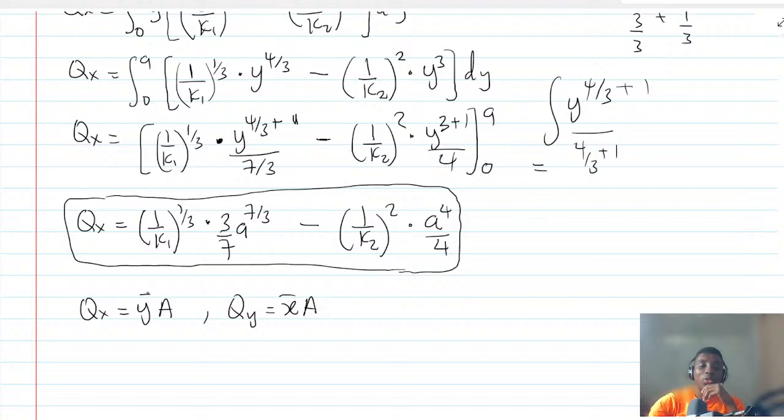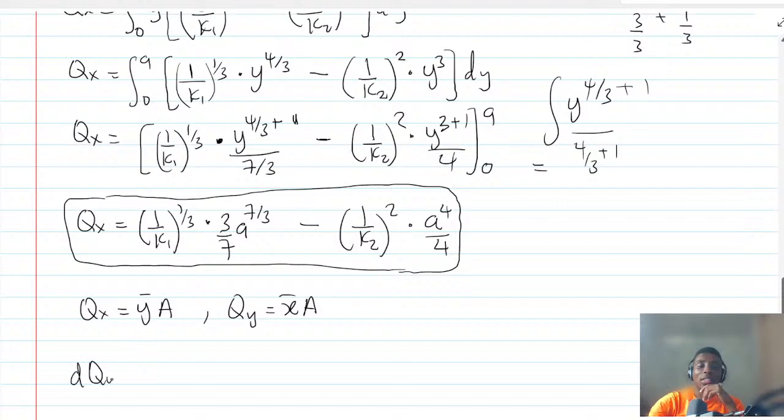So if we have Qx and we know the area, we can find y bar. And then if we know Qy and we have the area, we can find x bar. So right now I want us to use the same principle and solve for Qy.